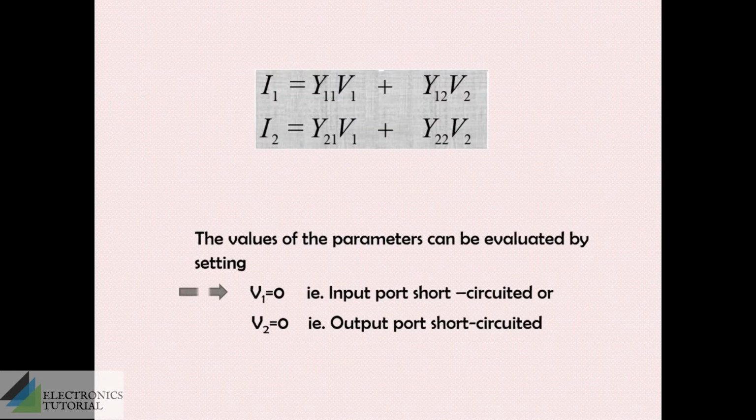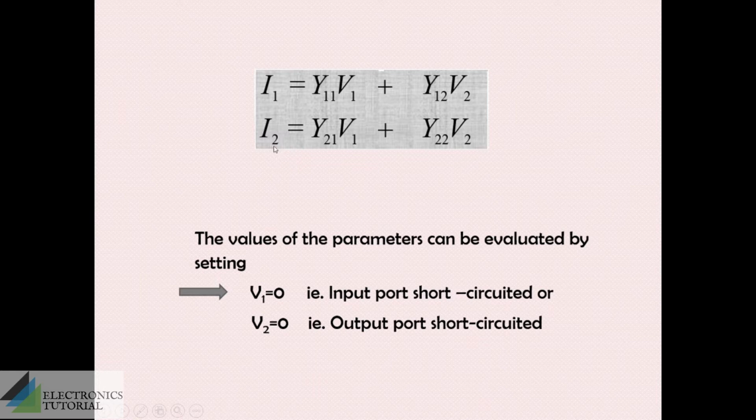Let's consider the second case, that is the input port is short circuited. That means the input voltage V1 will become 0. Let's apply this condition in these two equations. In the first equation, these terms will be inactive and the remaining will be I1 is equal to Y12 into V2. That means Y12 is equal to I1 divided by V2.